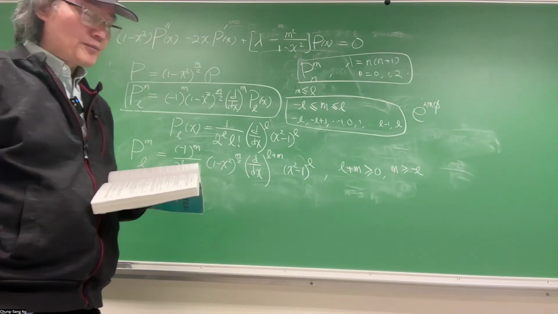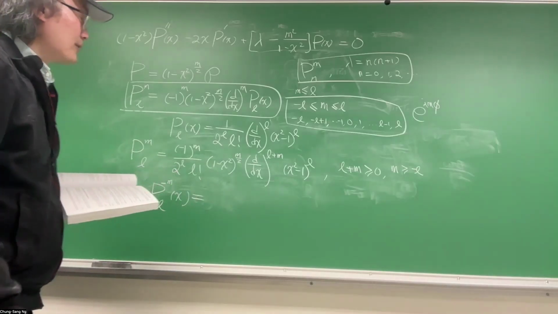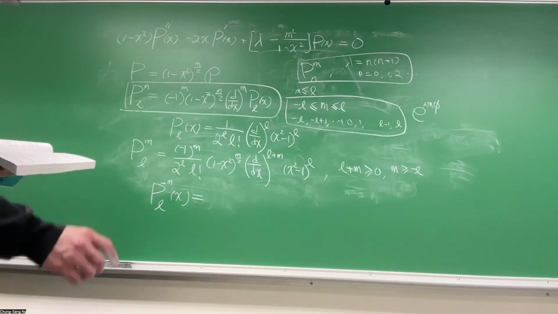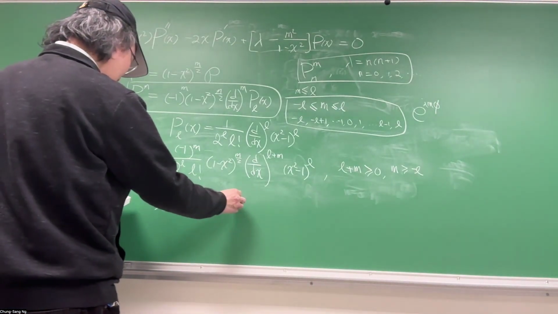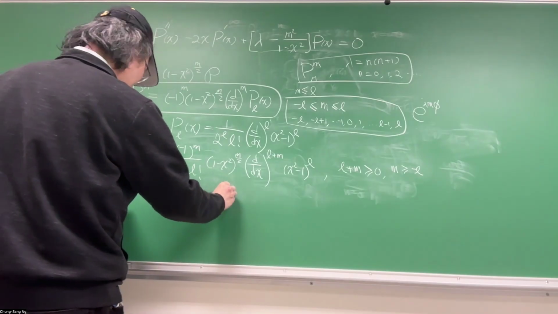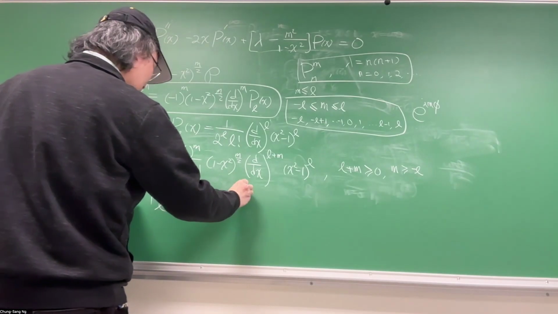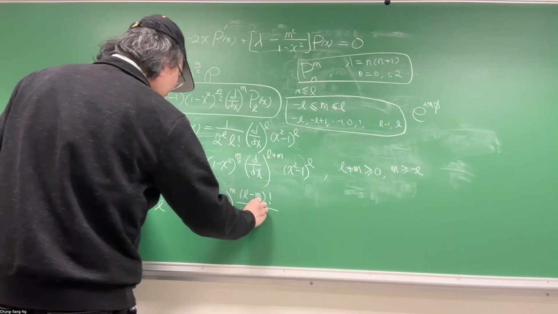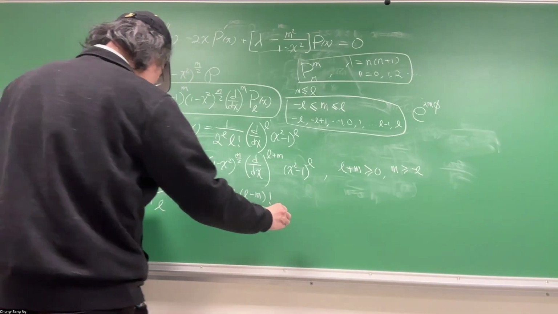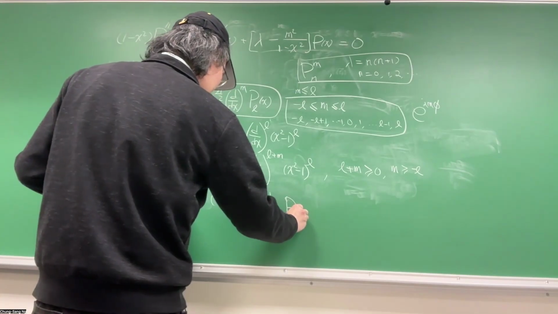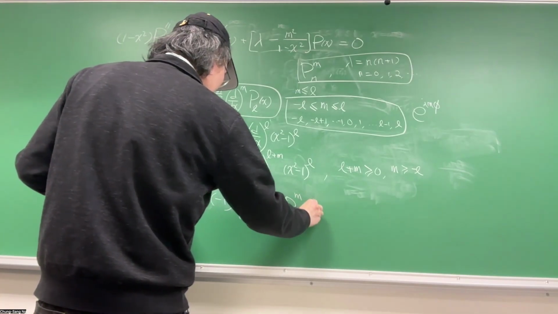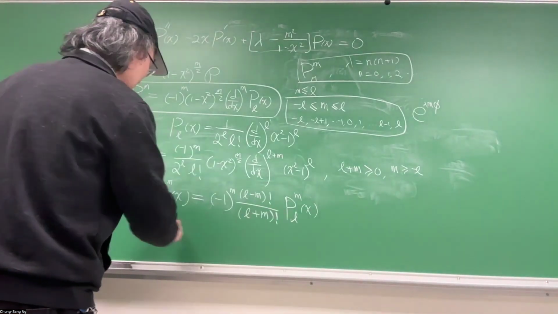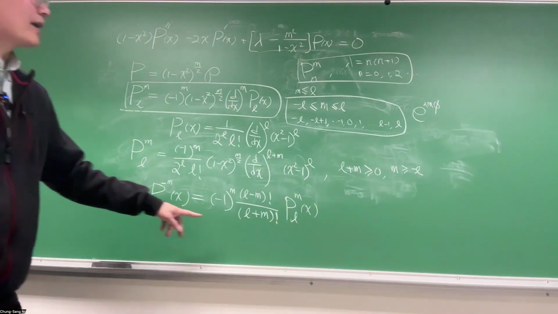The definition of the spherical harmonic depends on the normalization of this P_L^M also, so that constant becomes important. It's actually (-1)^m (L - m)! over (L + m)! times P_L^m(x). It turns out the two are dependent.